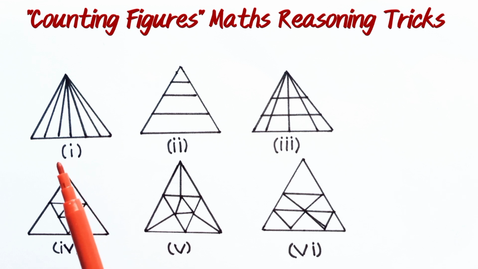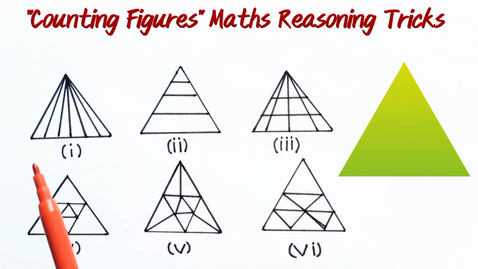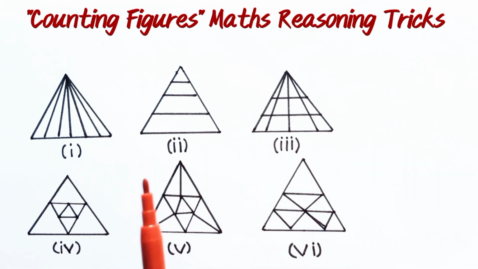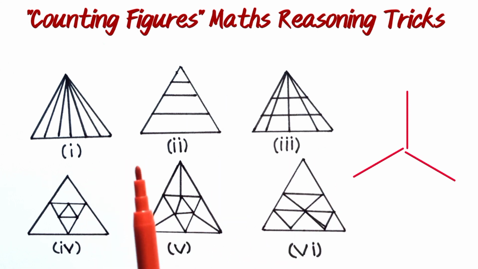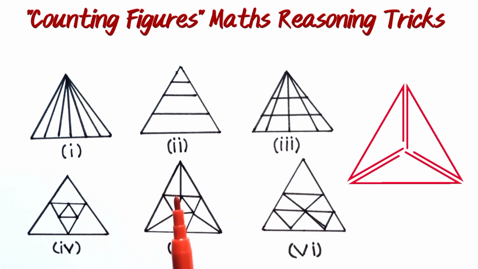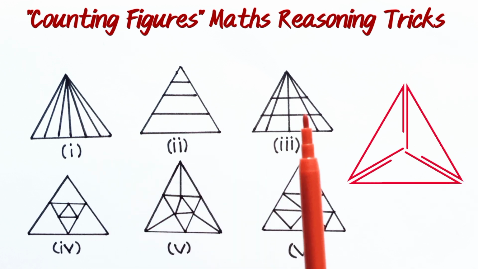We have to count how many triangles are present inside the given triangle. That is our task. Let us see some common popular figures. Here the shape in the given figure is a triangle and we need to count the number of triangles present in each figure.